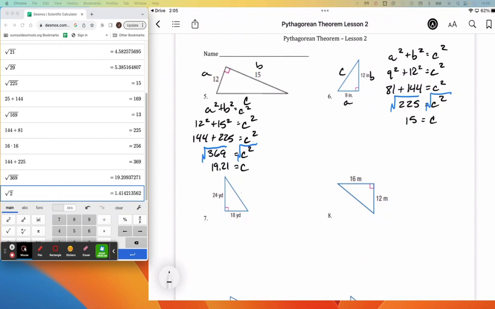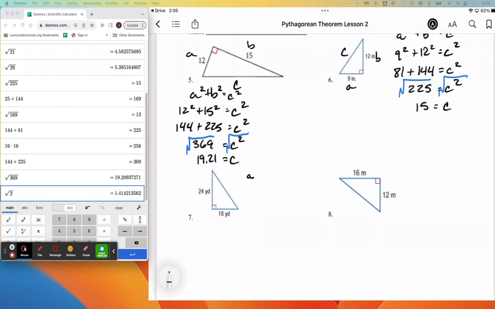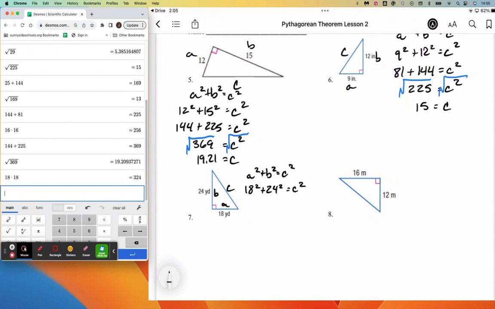All right, number 7, we have again a squared plus b squared equals c squared. This will be our a, this will be our b. Our c is always the hypotenuse. So we have 18 squared plus 24 squared equals c squared. 18 squared is 324. 24 squared is 576.